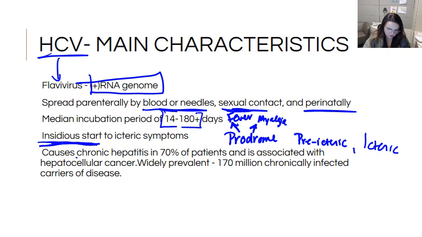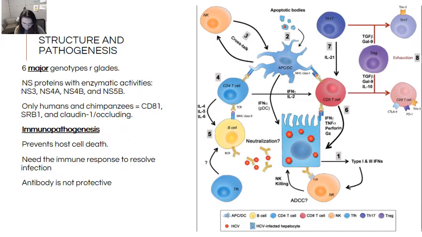The other thing to note about hepatitis C is that it has a high potential to go chronic. It becomes chronic in about 70% of patients, and it's a huge cause of hepatocellular carcinoma or cancer. And it's very, very prevalent throughout the world. So those are the main things I think about when I think about HCV.